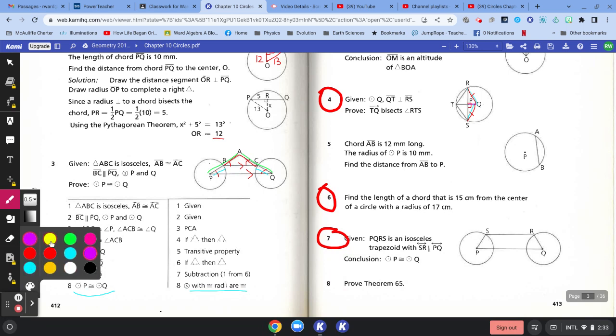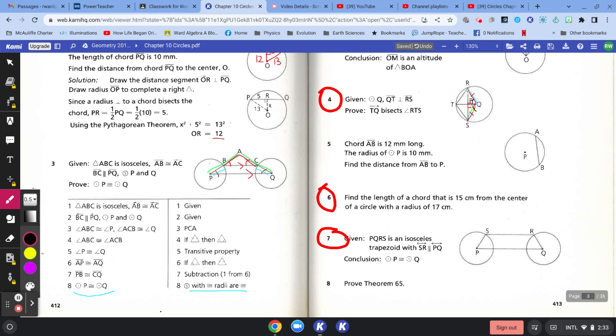So I'll go ahead and use yellow for that. See if this works. It's hard to see that. I don't like that color. We'll try black. Black will be clear. Okay, so that is congruent to that. All right, so that tells us, and that's just because of CPCTC.